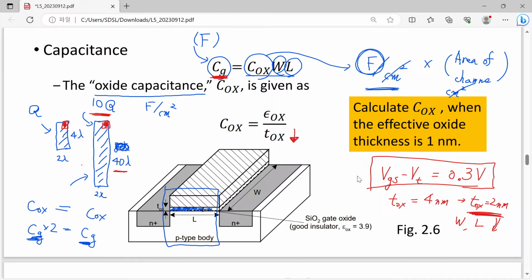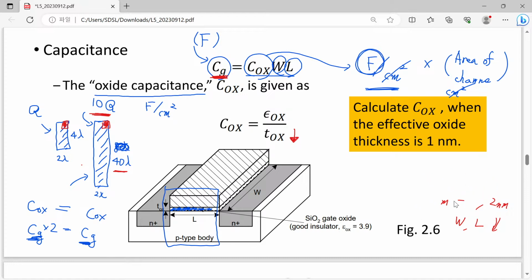Okay, so are you all with me? The importance of oxide thickness is explained: oxide thickness determines oxide capacitance, and this oxide capacitance determines the capability to collect electrons and holes beneath this oxide layer.